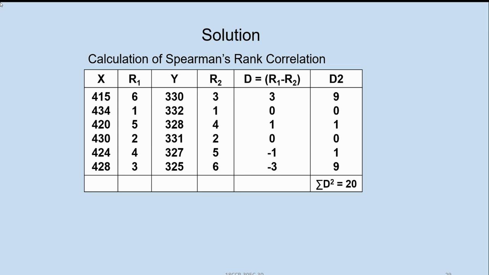You write the series as it is, X series as it is, Y series as it is. Then you take the ranks and you take the difference. Then the differences are squared. And the formula is 1 minus 6 sigma d square by n cube minus n.